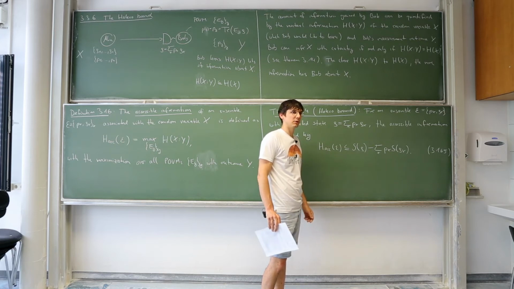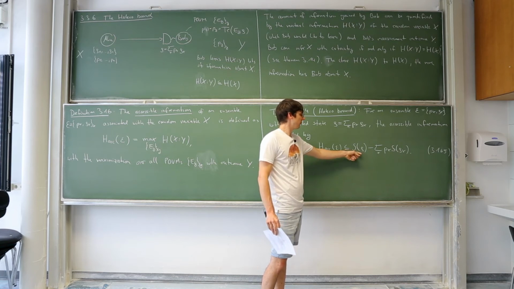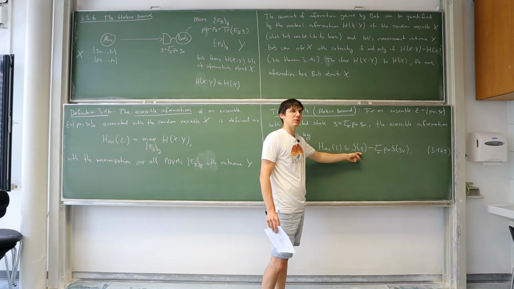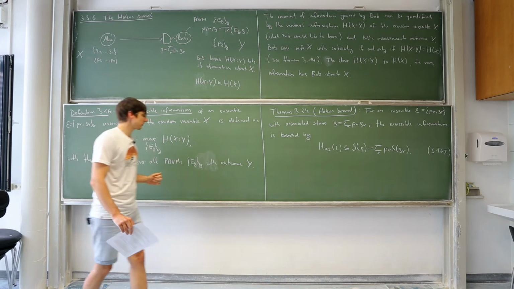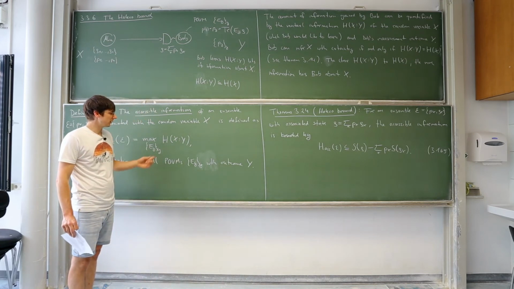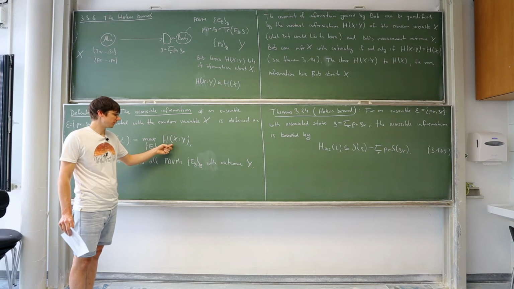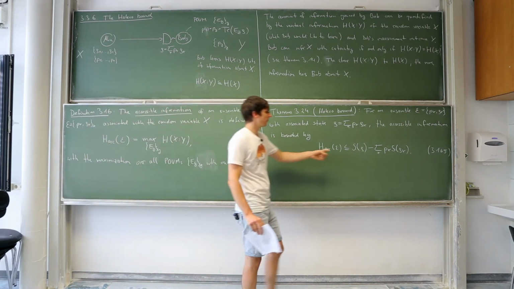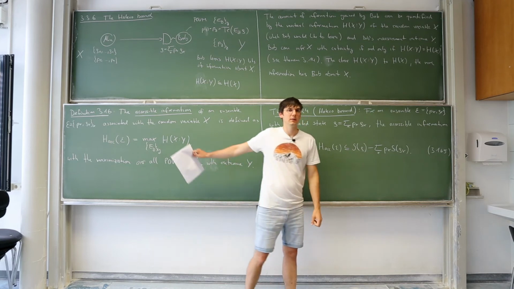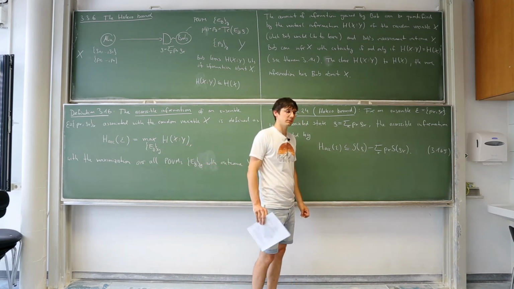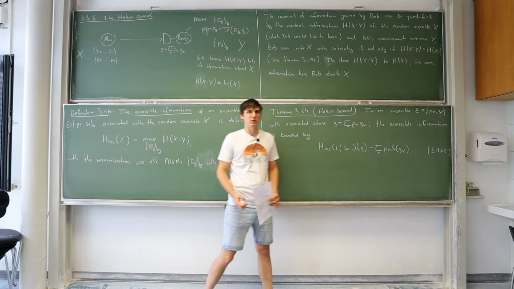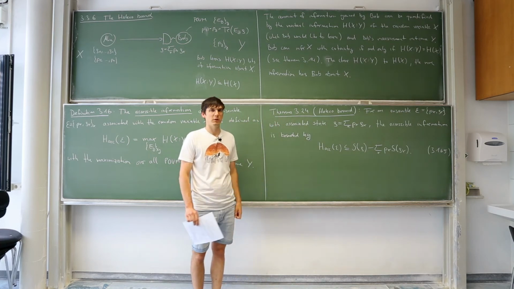And in the exercises, you will do an example where this Holevo bound is not saturated, so there's no equality. So you will calculate both things. You will be given the maximum of this Shannon entropy, so the maximum mutual information, and you will calculate this Holevo bound, and you will see that this is greater than the optimal solution, right? And we're going to do a break now, and after the break we prove the Holevo bound.